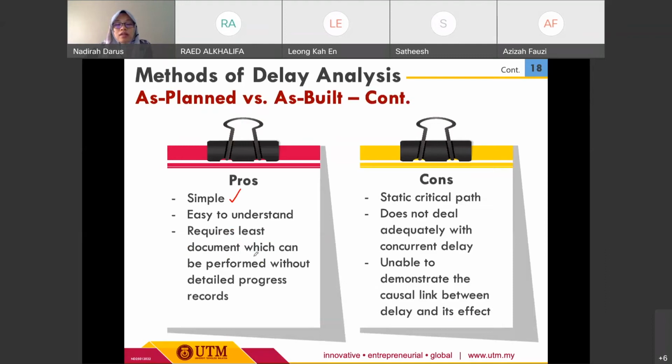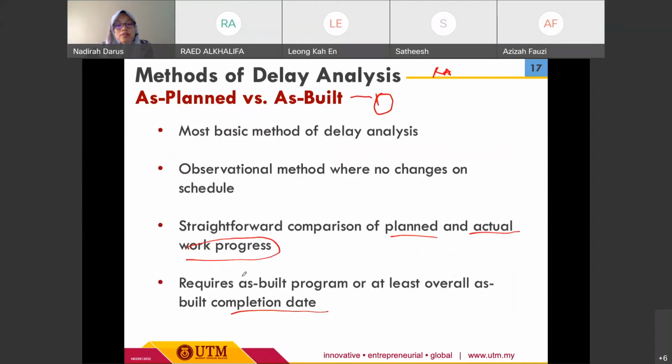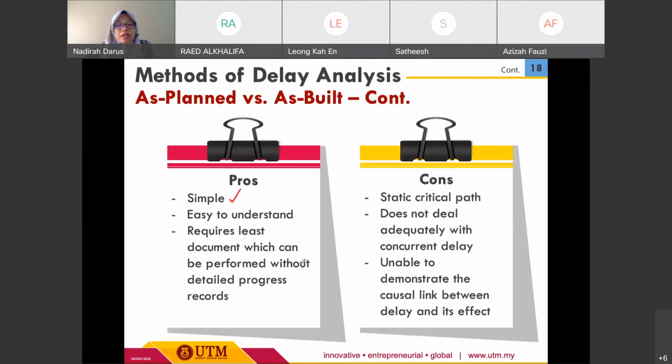The other thing is that it requires minimal documents. As I mentioned, it requires at least the as-built program, or at least the overall as-built completion, and can be performed without a detailed progress report. That's the main advantage of this first method.